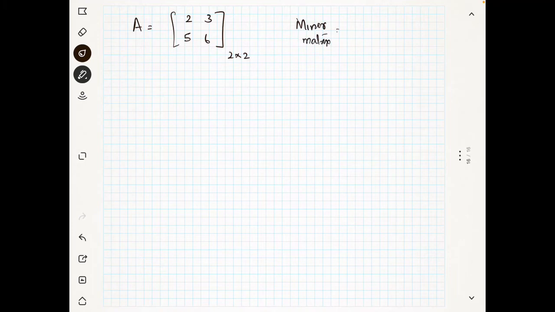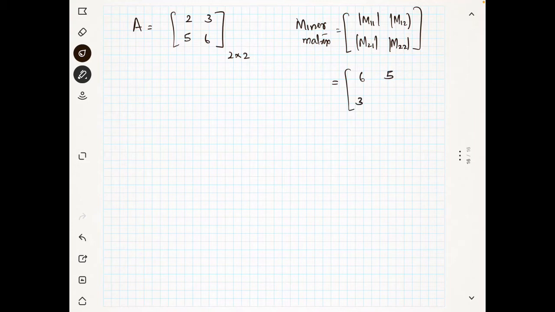You can calculate the minor matrix as M11, M12, M21 and M22, where M11 will be 6. Regarding M12, the element 3, you remove that row and column, so what is remaining is 5. For M21 it will be 3, and for 6 it will be 2. So this is the minor matrix.